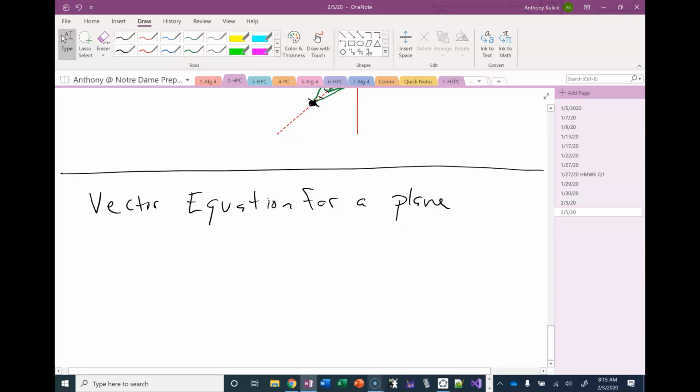So what we want to talk about now is the vector equation for a plane.